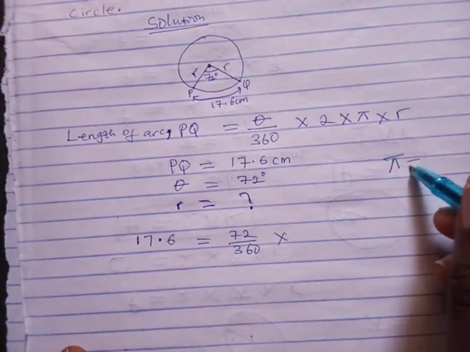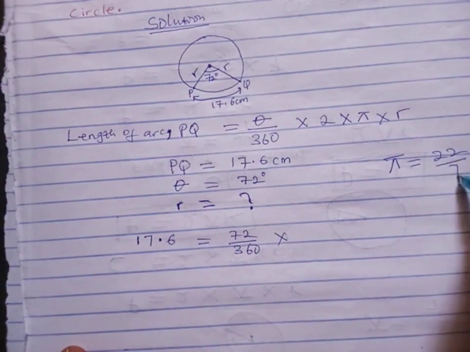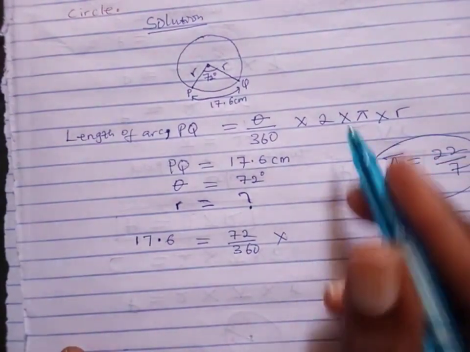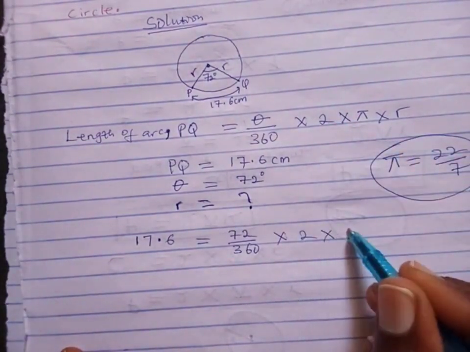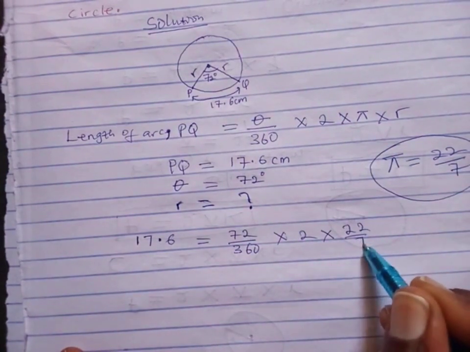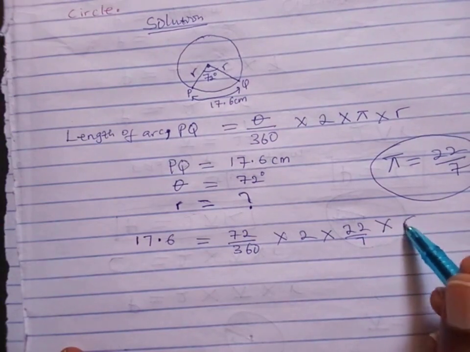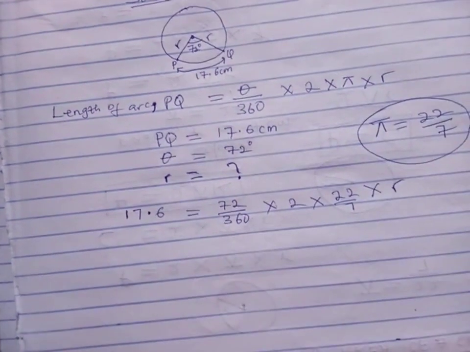Of course, we know that pi is 22 over 7, a constant. So times 2 times 22 over 7, which is our pi, multiplied by r. We don't know this r, we're looking for the radius.